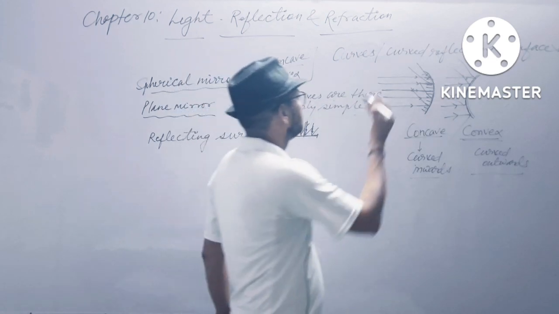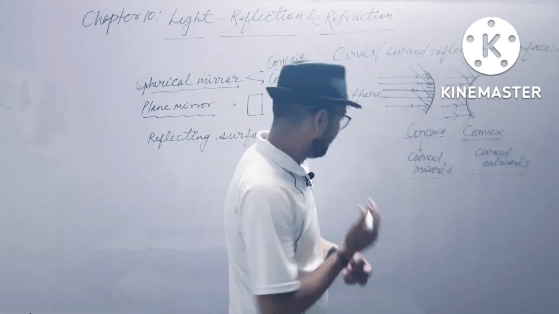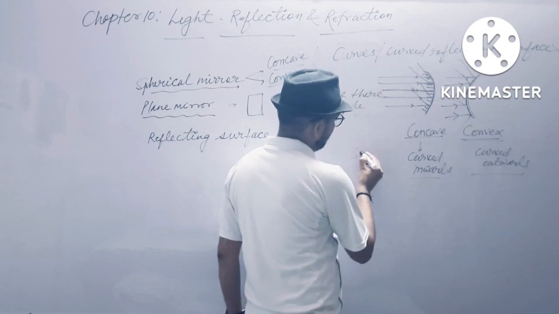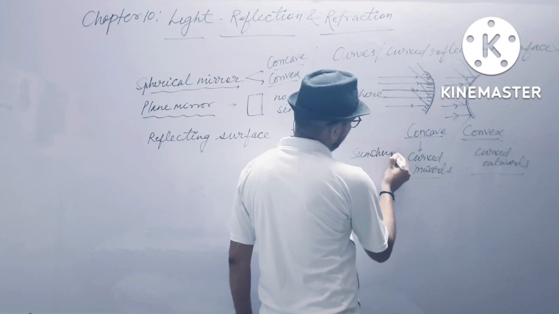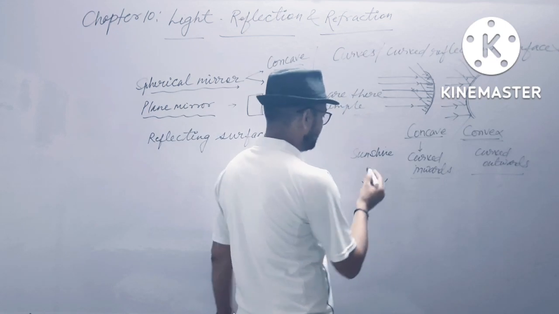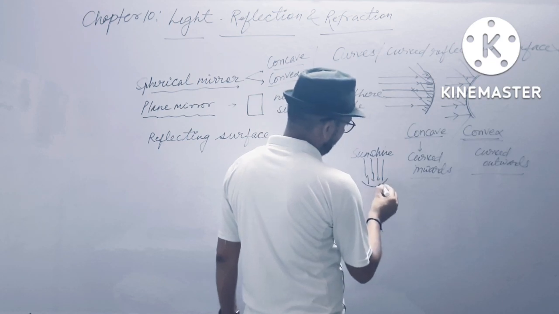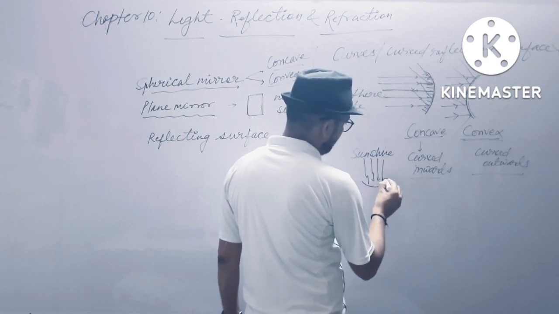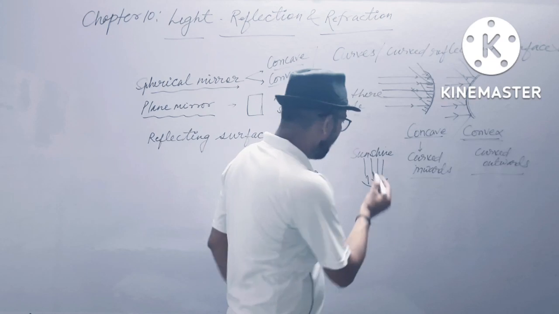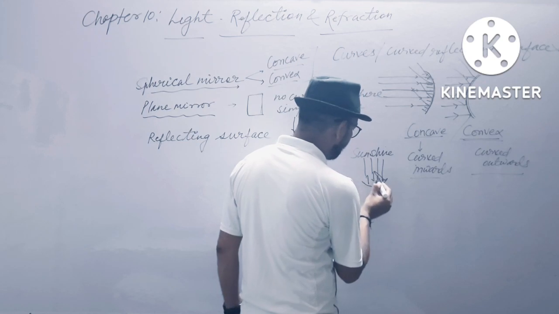One more difference, and you can do an experiment for this one. If you get a mirror and put it in sunshine, in this mirror, this is the reflecting surface, rays from the sun will fall here, and all these rays of light after getting reflected will merge at a point.